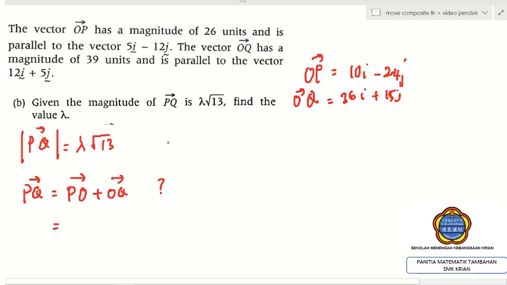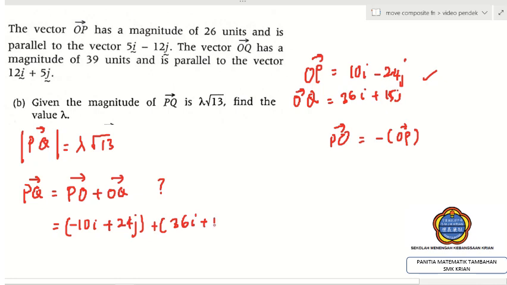PO, what is PO? PO is the reverse of OP, we just change into negative of OP. In vector, PO is equal to negative of OP. So it is bracket negative 10i plus 24j bracket plus OQ, which is 36i plus 15j.